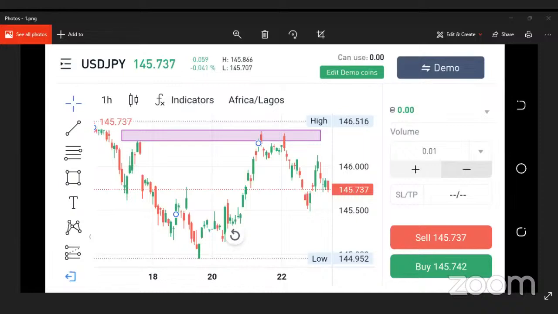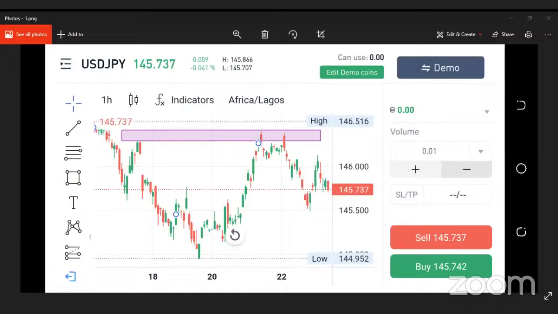Support occurs where a downtrend is expected to pause due to a concentration of demand. What this basically means is that anywhere you see a support zone, that is where a downtrend is supposed to pause.